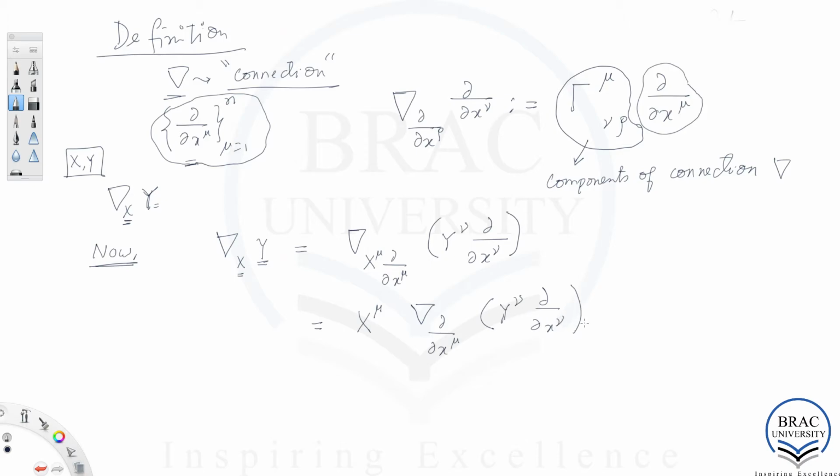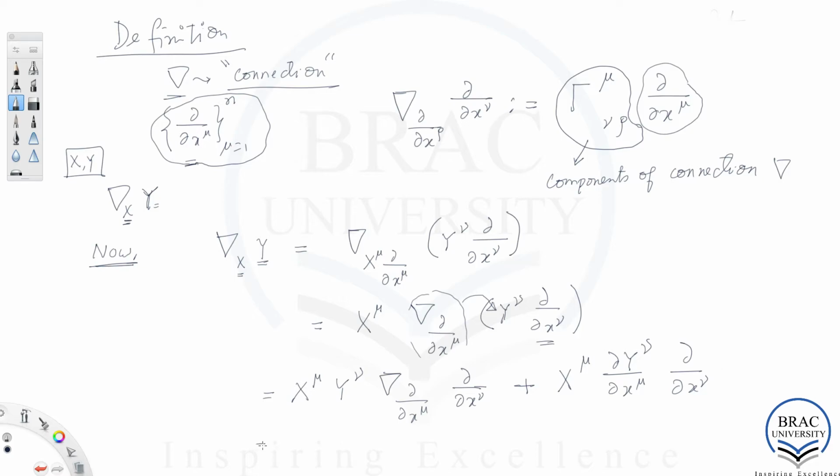We're going to apply Leibniz now, and that gives us x mu y mu nabla del by del x mu of del by del x mu, plus x mu, and then this operator is going to hit this one, and by the third property we have listed earlier, it is going to give us del y mu by del x mu, and then I have this operator del by del x mu.